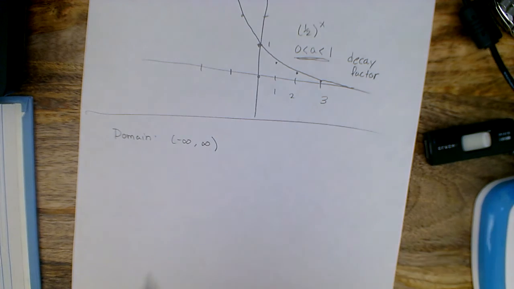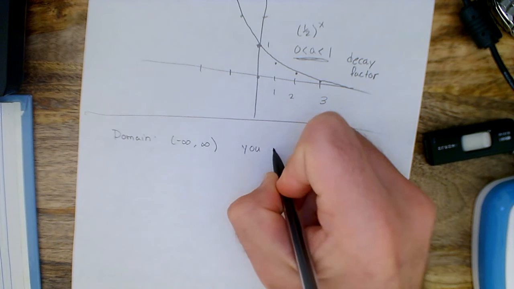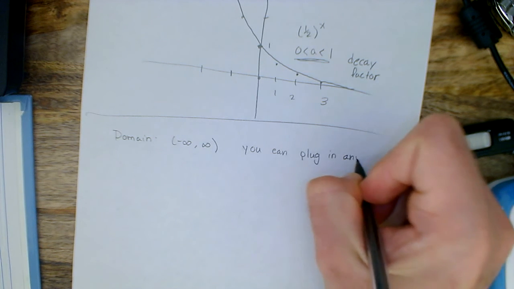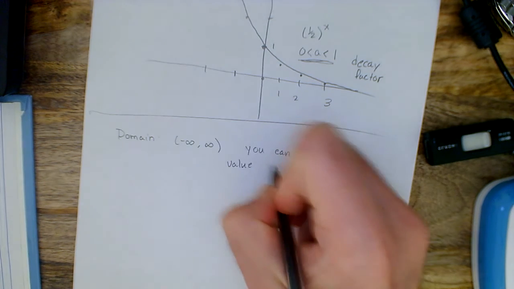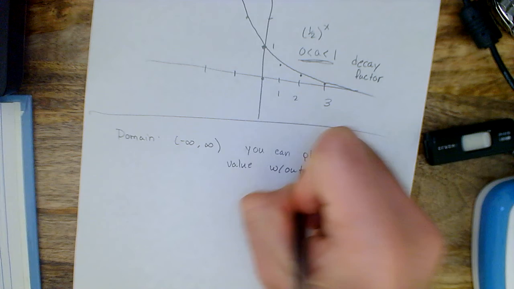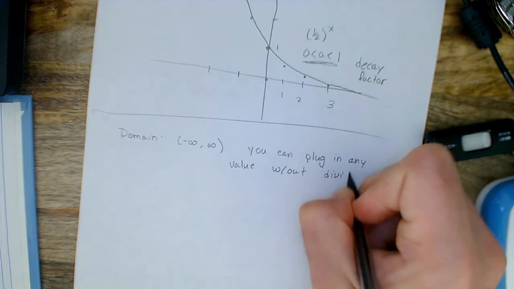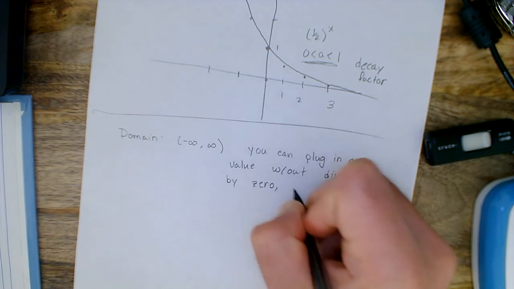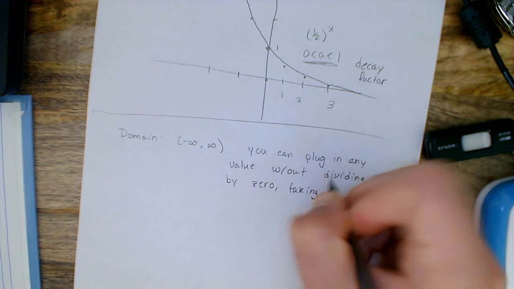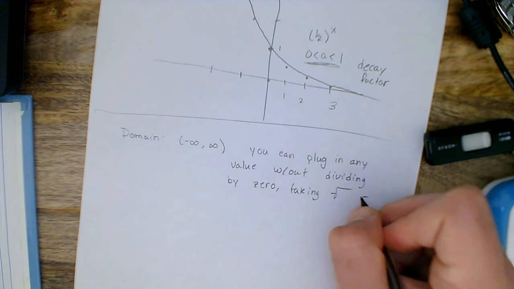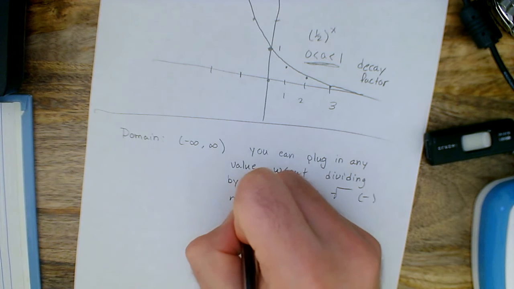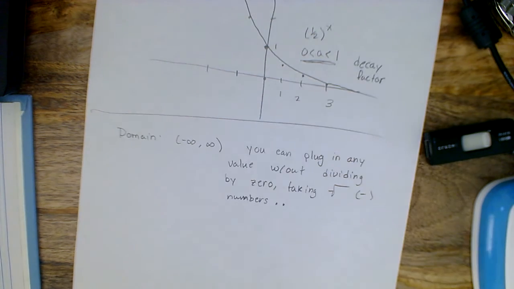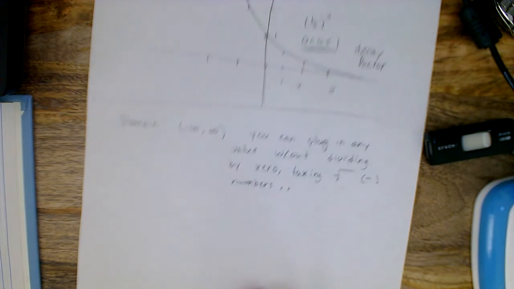You can plug in any value without dividing by 0 or taking the square root of negative numbers. There are no problems with any sort of x that you can plug in.